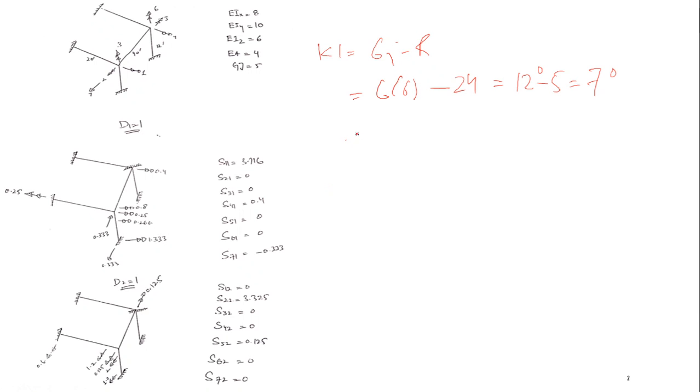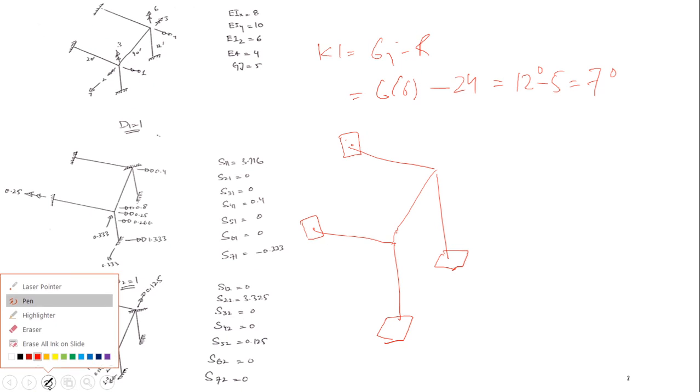In order to visualize the Ki of this structure, I can represent it like this. Fixed support and fixed support as well. So let me show this Ki in another color, for example this color.